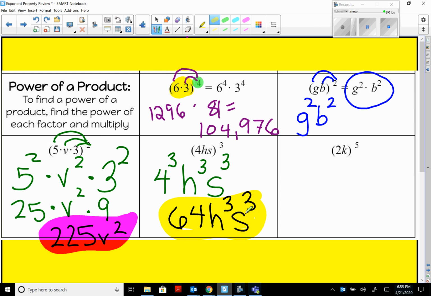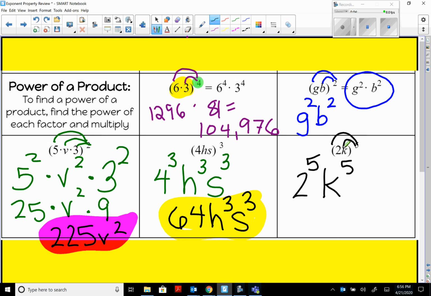All right, this last one, there are only 2 things inside the parentheses. There's a 2, which I'm going to raise to the 5th power. And there is also a k that I'm also going to raise to the 5th power because I'm making sure that that exponent is given to each factor inside the parentheses.